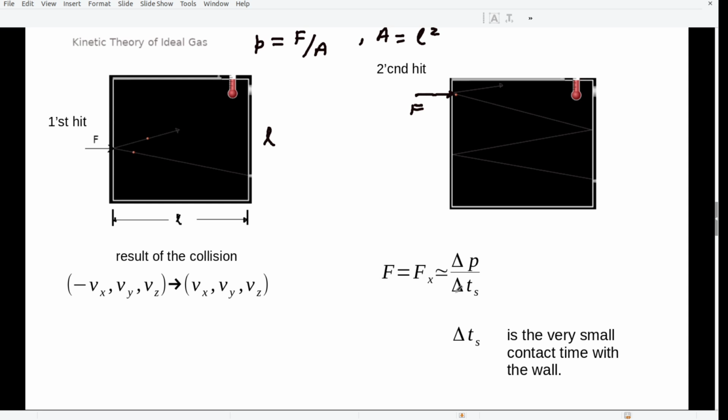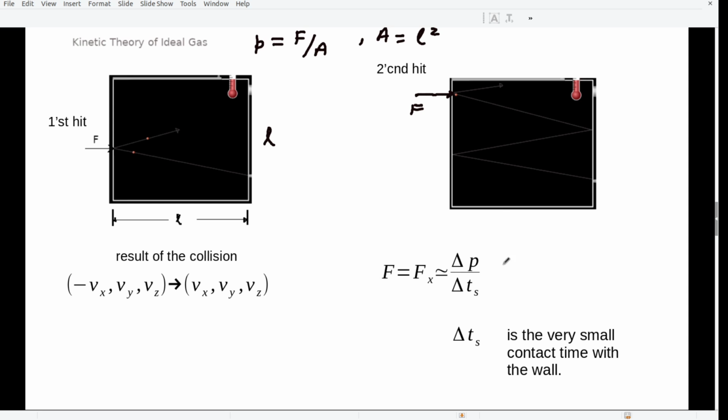From the basic definition of force, we know that force is the rate of change of momentum, how much the momentum changes over how long it takes that change to happen. And here this force is all in the x direction, because that's all this wall can do. It can only exert a force perpendicular to the surface of the wall.